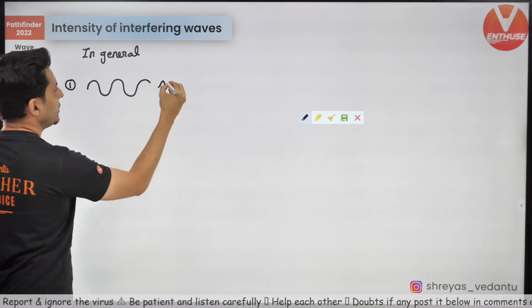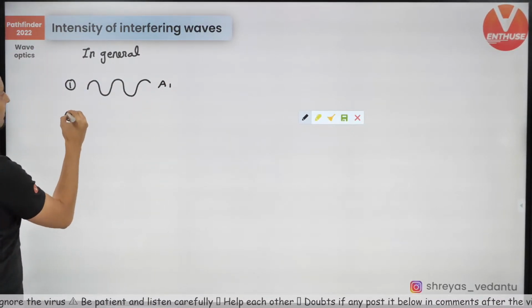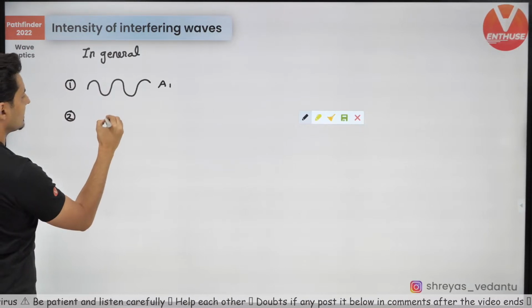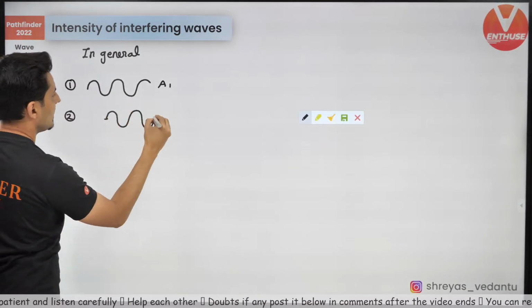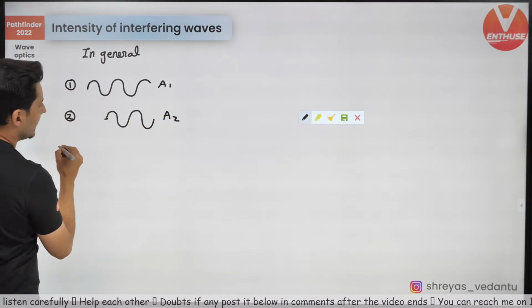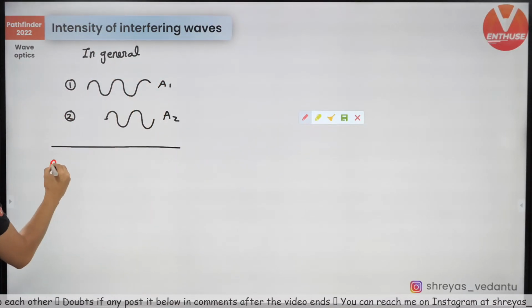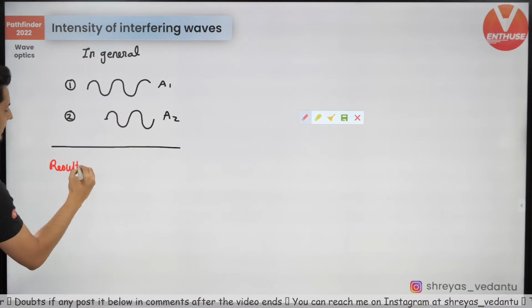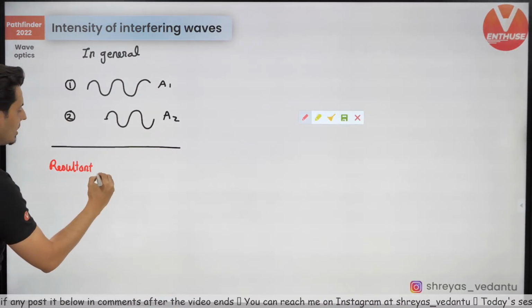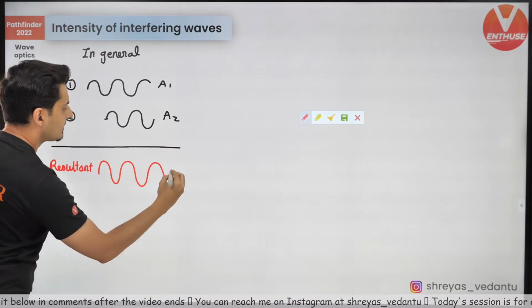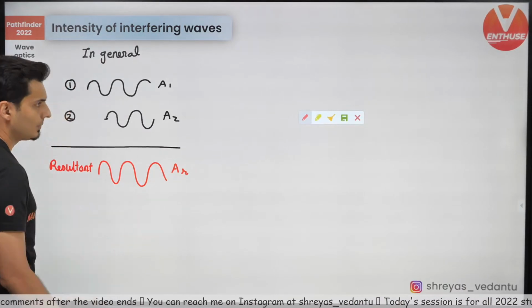It has amplitude A1, and this is wave number 2, and it starts maybe after some time. This has amplitude A2, and I superimpose both of them. When I superimpose both of them, I'll get the resultant, and the resultant could be something like this. I'll call this AR.